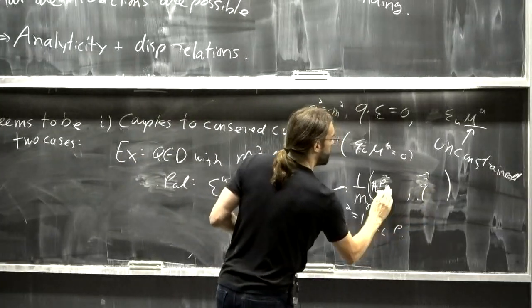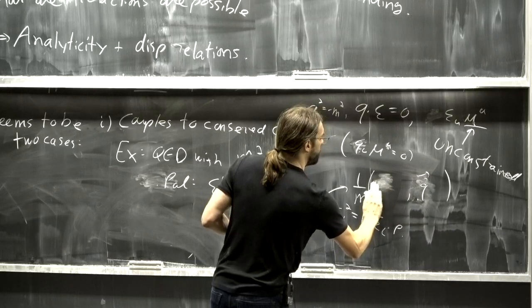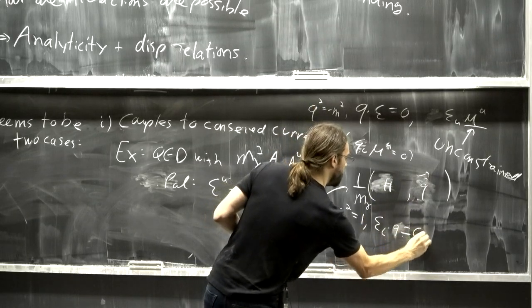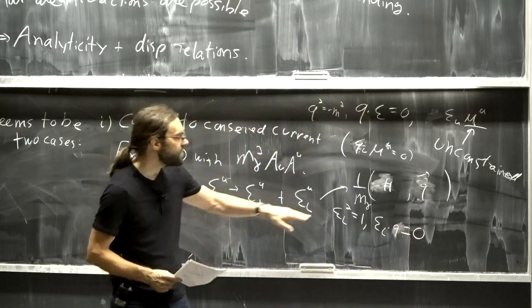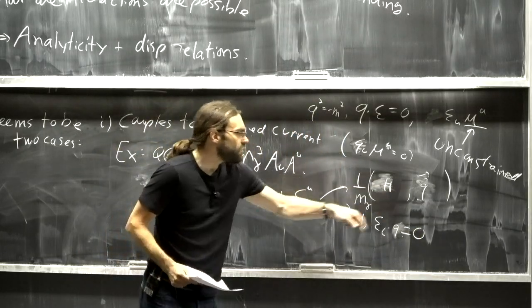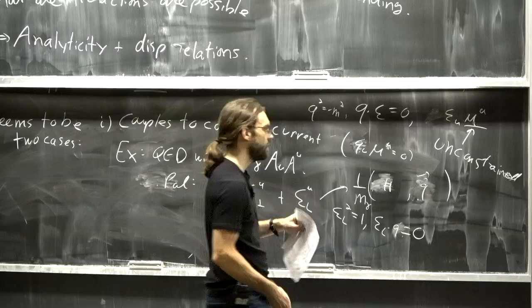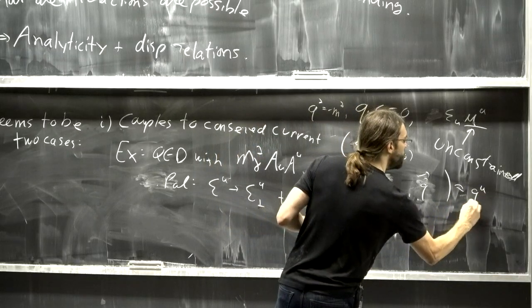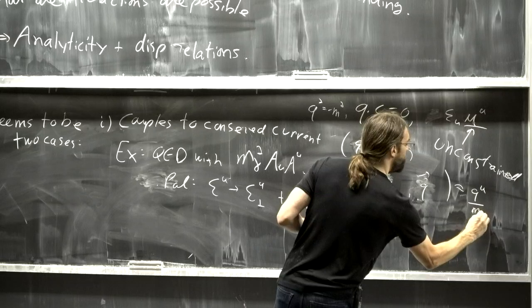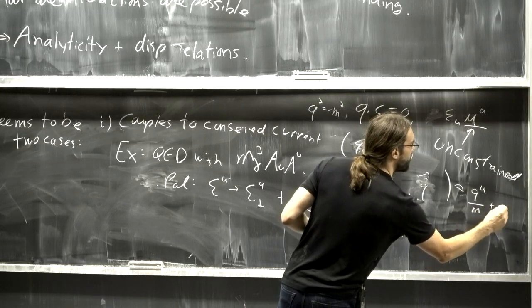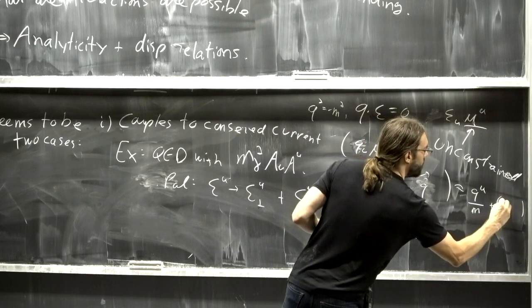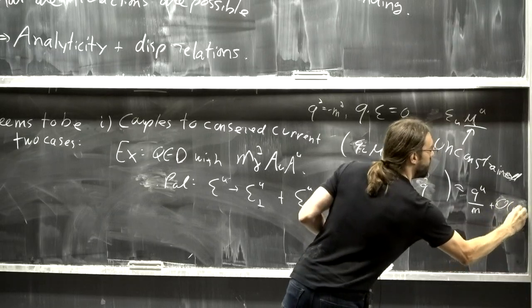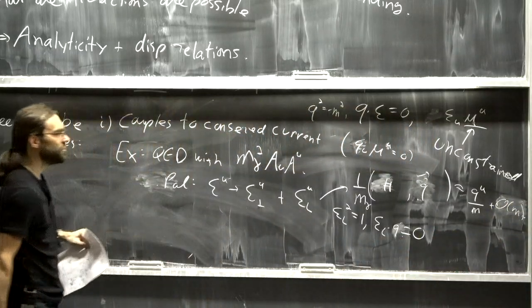Sorry for the notation shift. And for a very relativistic particle, it's approximately equal to q^mu over m plus corrections of order m.